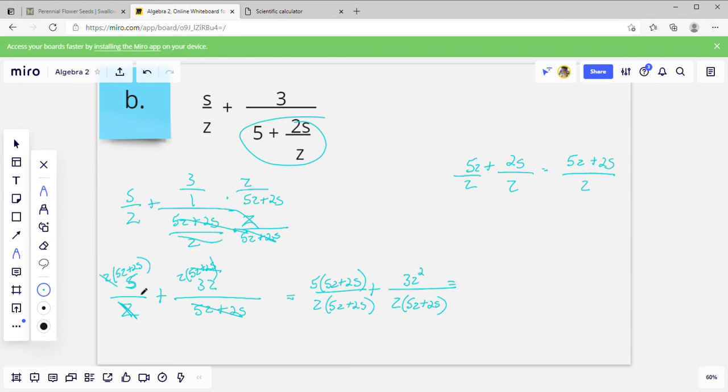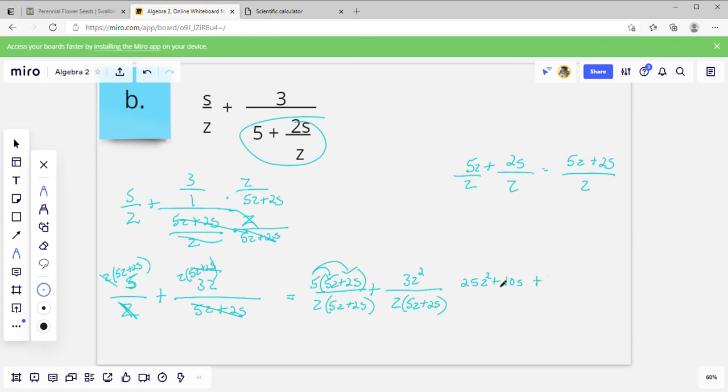Okay, so then we can rainbow this term, so 5 times 5 is 25z plus 5 times 2s, that would be 10s. There we go. So hard with all these s's and z's.